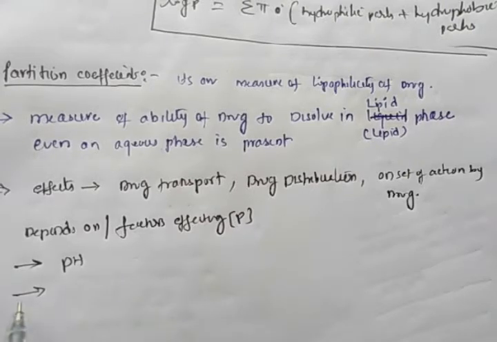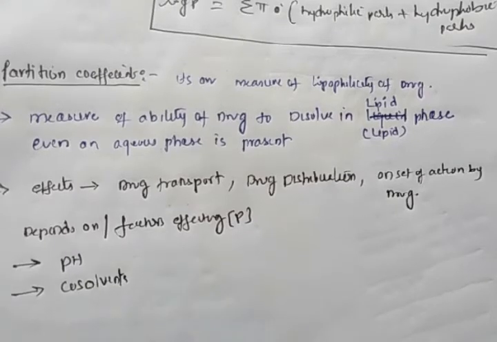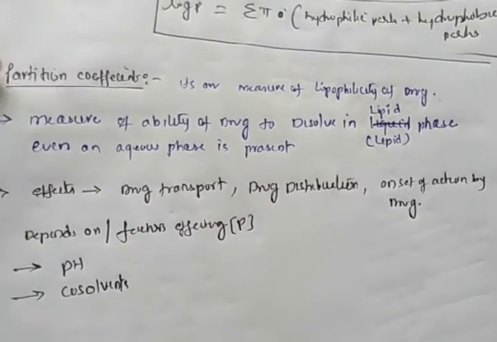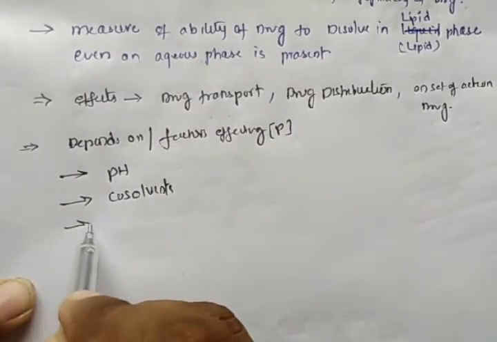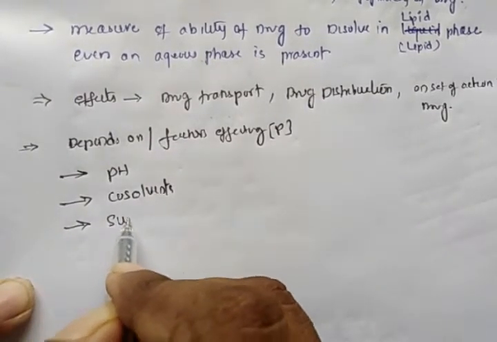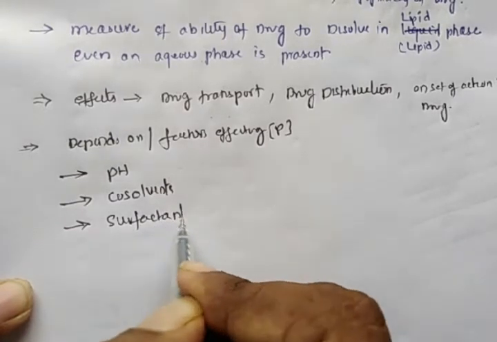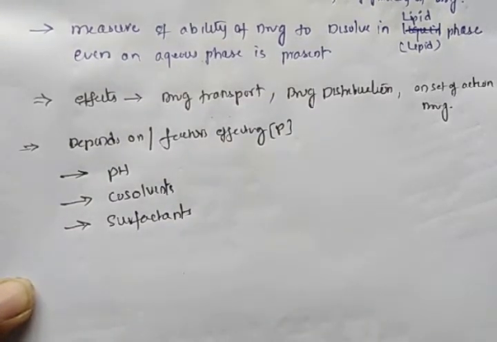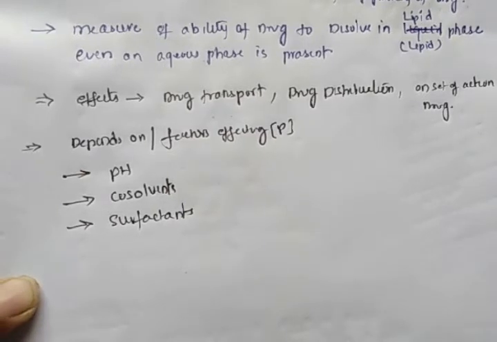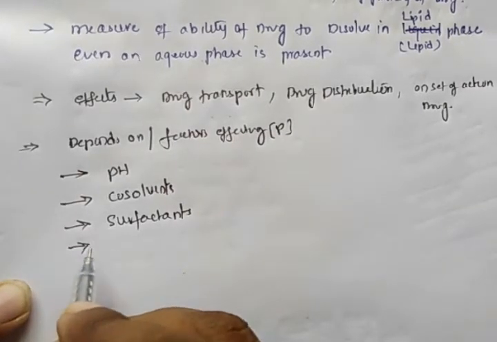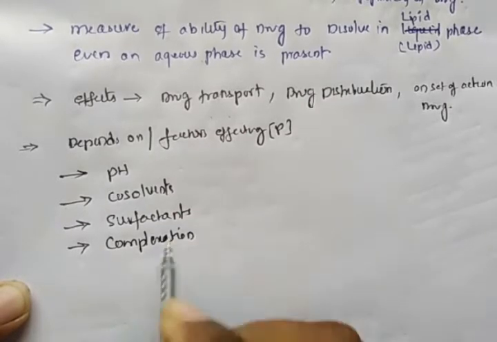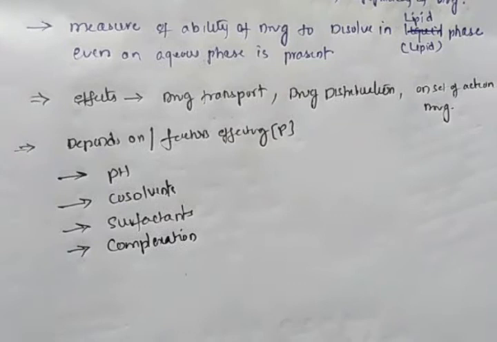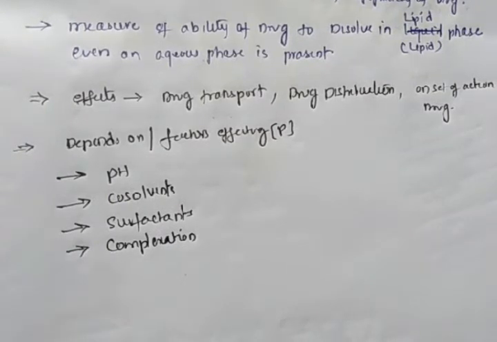As well as co-solvents present in the medium, which also affect the partition coefficient value. Surfactants also affect the partition coefficient value of the drug molecule, as well as complexation. If a drug molecule has a complexation property, definitely it affects the partition coefficient.